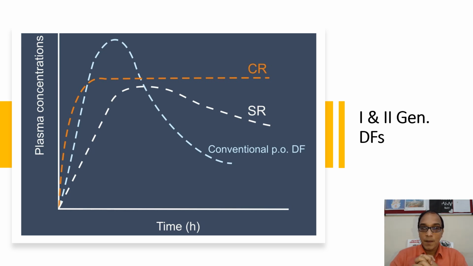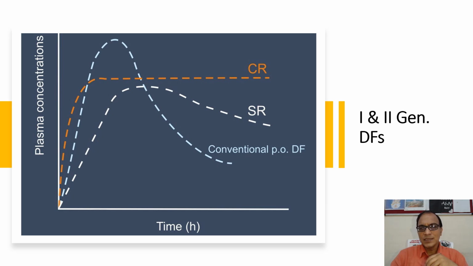Now, what are the differences? You can see in this graph, the plasma concentration time profile curve is there. Time is on the x-axis. For the conventional dosage forms, there is a peak followed by a valley, and so on.